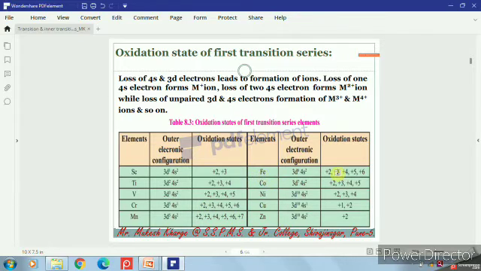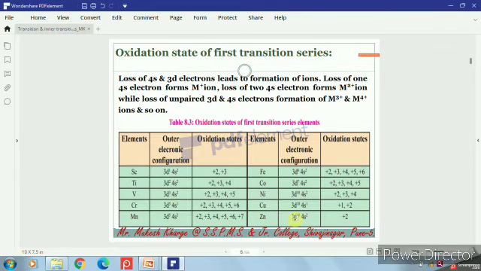In case of Fe, the oxidation number decreases by one, that is, from +7, and it shows +2 to +6. Then cobalt shows +2 to +5, nickel shows +2 to +4. Then copper shows +1 and +2, and zinc shows +2 only, because in case of zinc, the electrons from the 4s orbital are removed, and it is very difficult to remove an electron from the 3d orbital because 3d is completely filled.